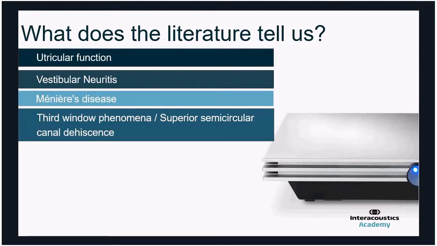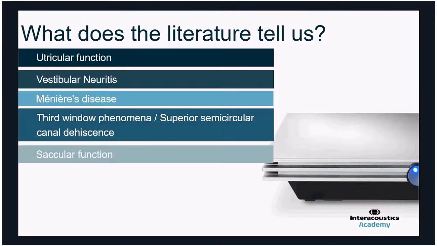CT scanning, even with very good planar scans, often struggles to know the difference between about 0.5 millimeters and 0.4 millimeters of bone thickness, whereas oVEMP and cVEMP can reliably predict that third window effect much more commonly.